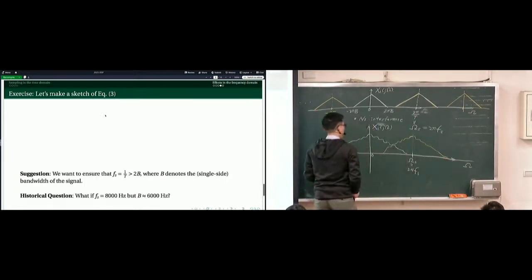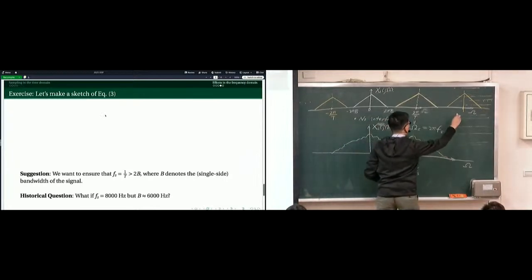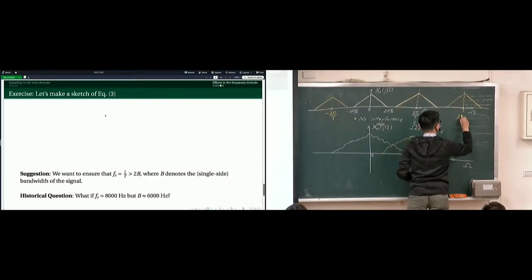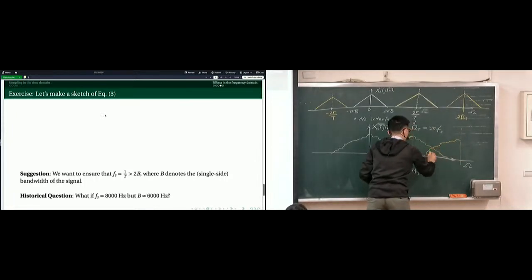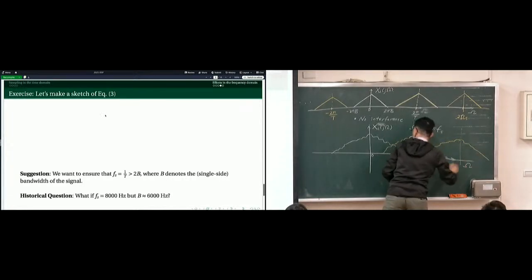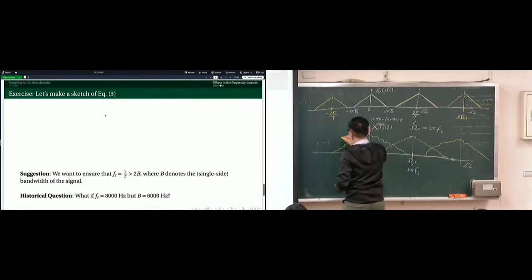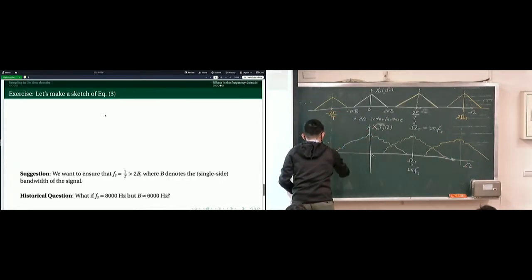And again, at 2 times, similarly, you get yet another copy right there and right there, and also on the negative frequency side. Let me just finish my drawing. Right here, right here.